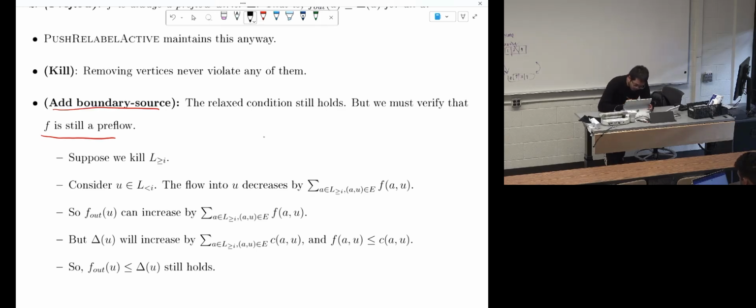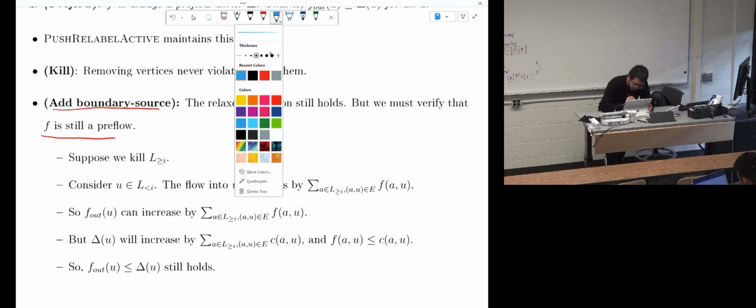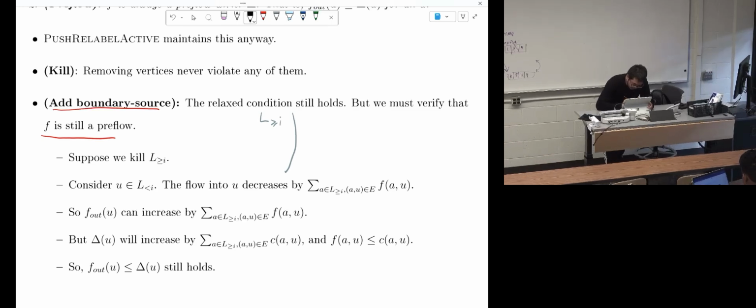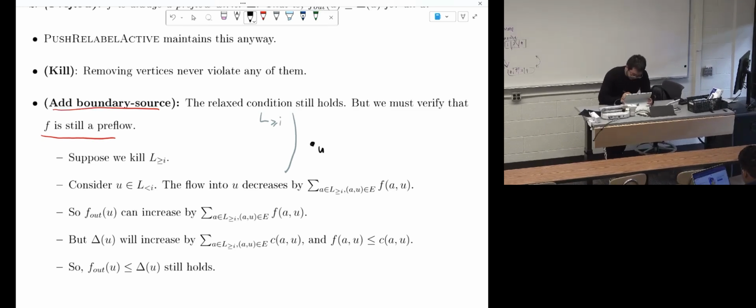So let me draw this thing. This is the part that we queue, and this is U. U is here in the less than L part. This is a live node. We just look at edges here. Maybe the flow here is 3 out of capacity 5, let's say.